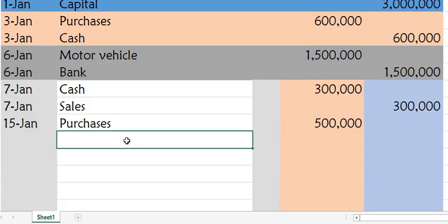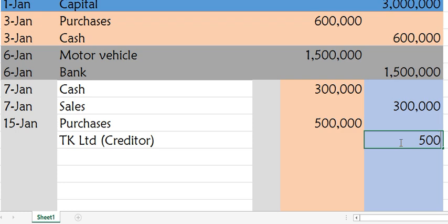I will not use cash or bank because this transaction was on credit. The business purchased goods on credit, so we have to credit the creditor's account. TK Limited is a creditor. It's 500,000.